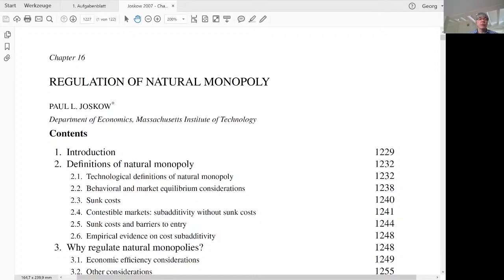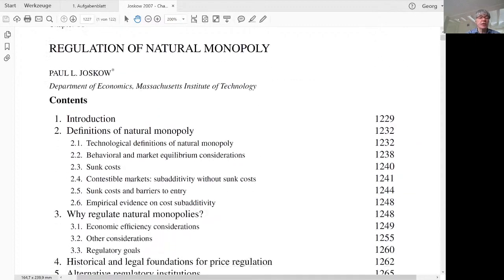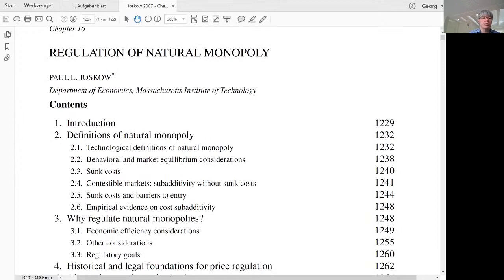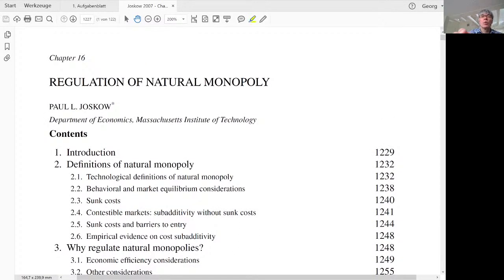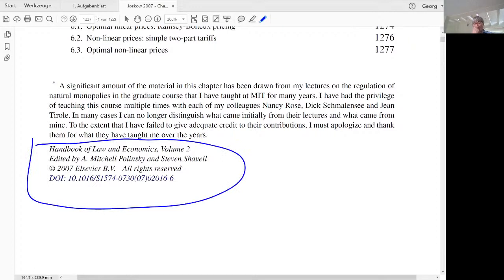Probably you have to use the EC proxy, but anyway, it works, and you will see that what I tell you here is just this chapter here, why regulate natural monopolies. That's what I do. And as I told you, this is from the Handbook of Law and Economics, volume 2. It's also on the shelf in the library, but you don't need to go there. You just can download it.